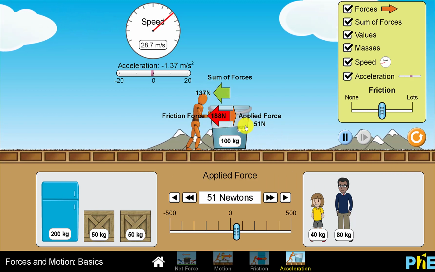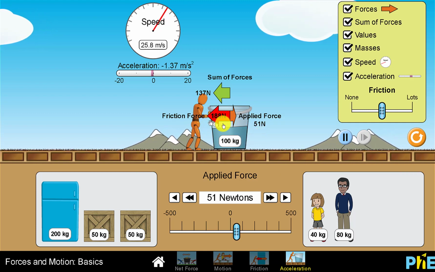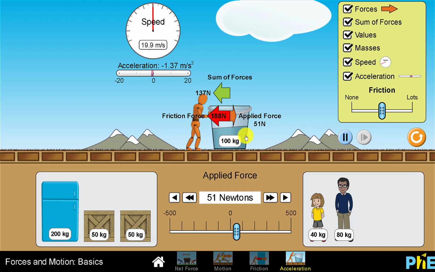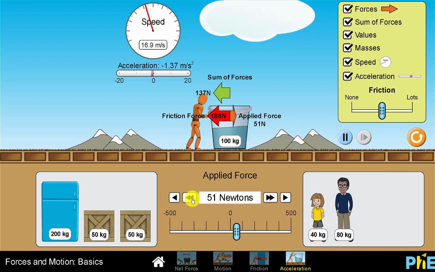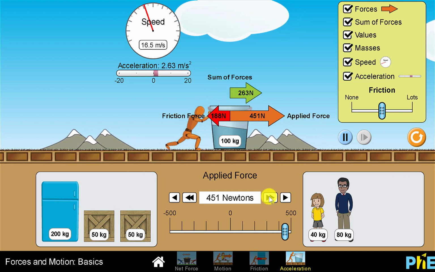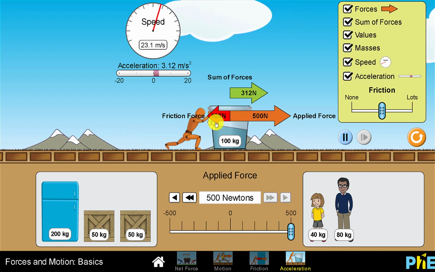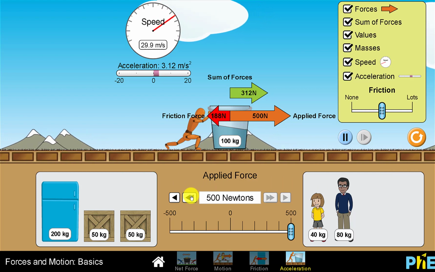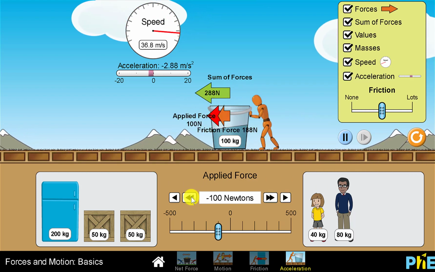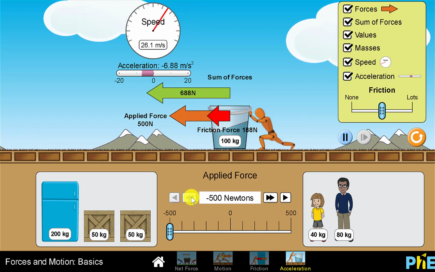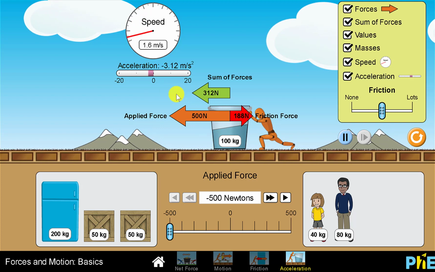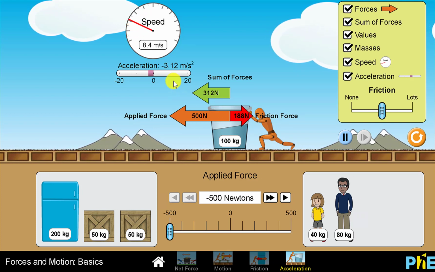You can see the frictional force pushing back tells you which direction the net force is. Let's get it going fast again. With a huge force, I'm going to push against it, and both friction and I will try to slow it down. Now it's really slanted because of the net force, and now it's going backwards.